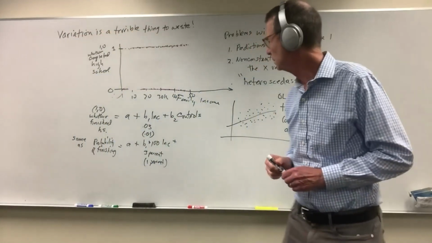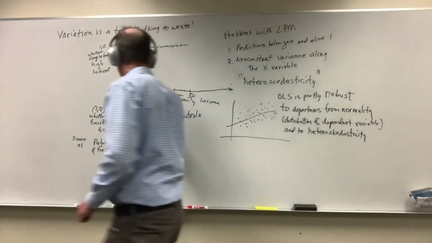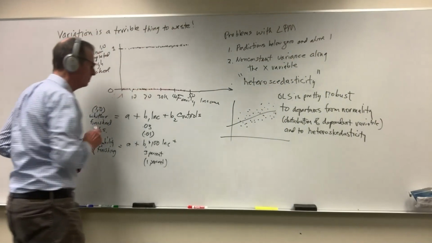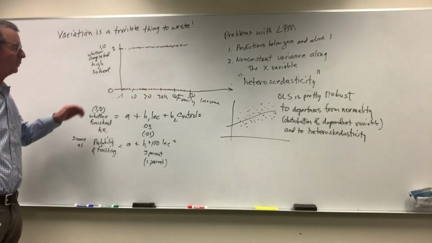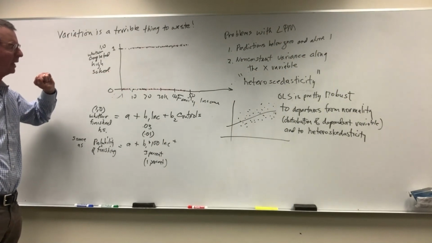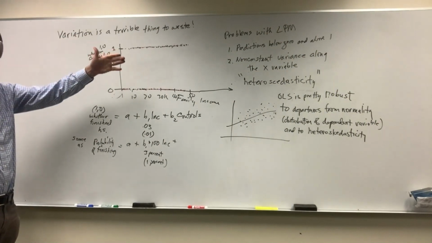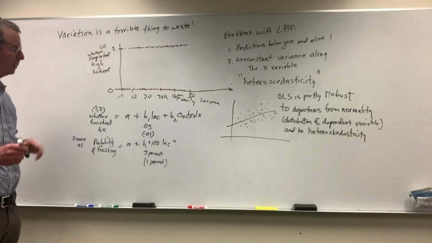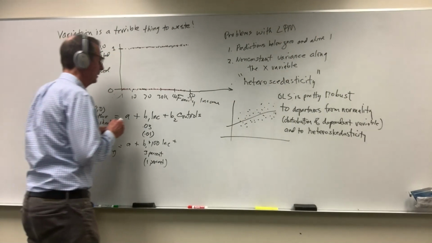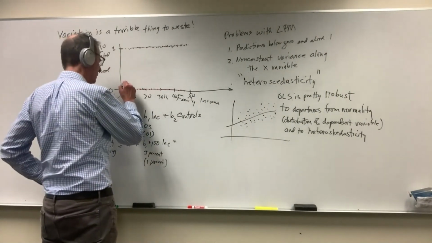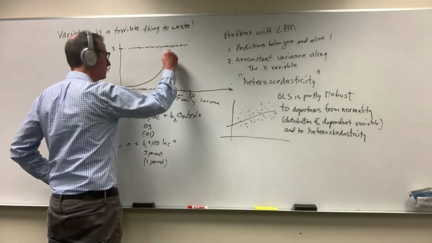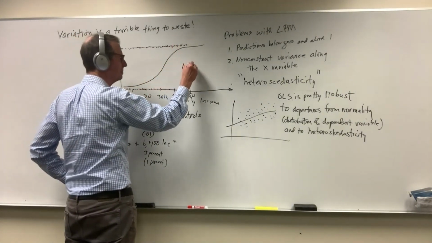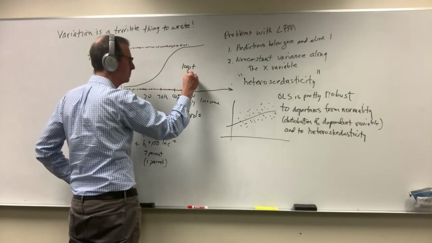So what we need is some function that we can apply to these data that won't produce predictions beyond the 0-1 range, right? It turns out there are a number that you can come up with, but there's one that has this nice S shape. It's a logit function.